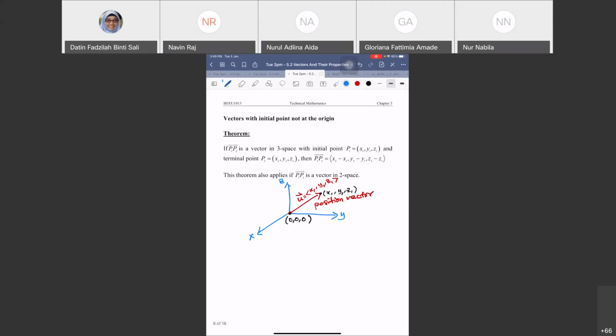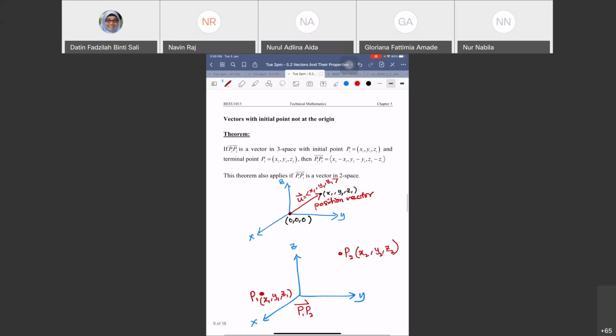What this theorem is saying is that if you have, for example, this is your x, y, z, and assuming this is the point P1 at x1, y1, z1, and you have another point here, P2, at x2, y2, z2, and we want to find vector P1P2.